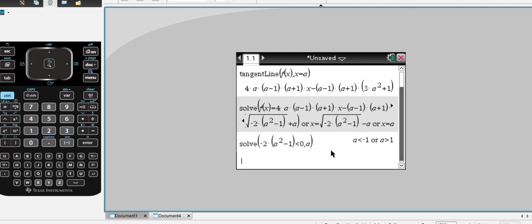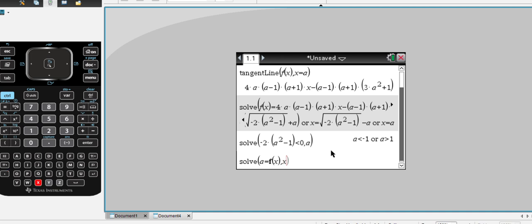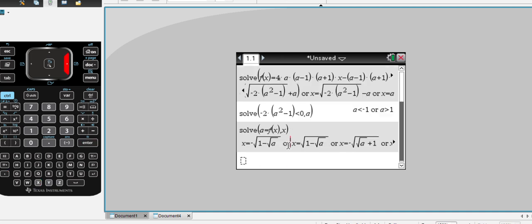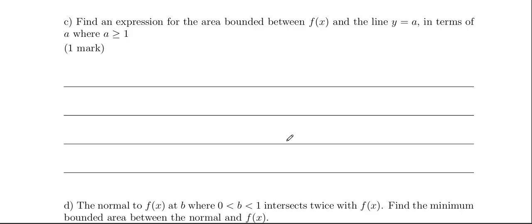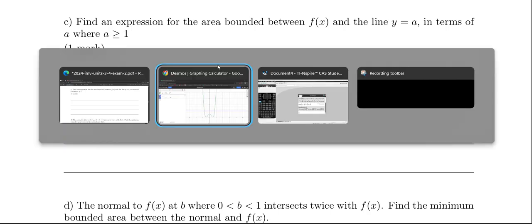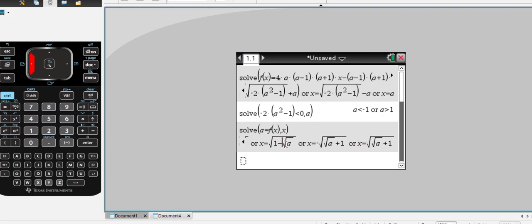To do that, we're just going to solve, and let a equal f of x. And we get that x is equal to these 4 solutions. However, the question states that a is greater than or equal to 1. Therefore, these first 2 solutions here will be undefined. So we're only looking at these last 2.